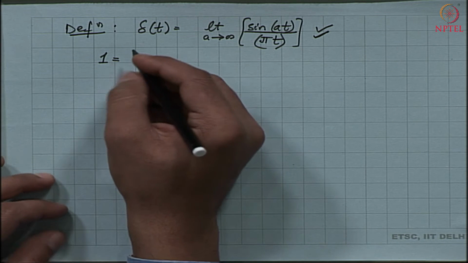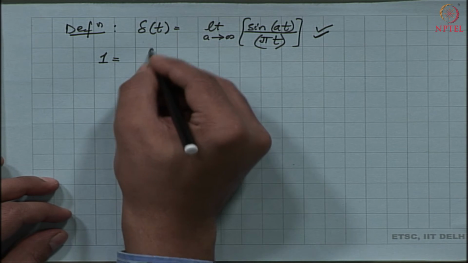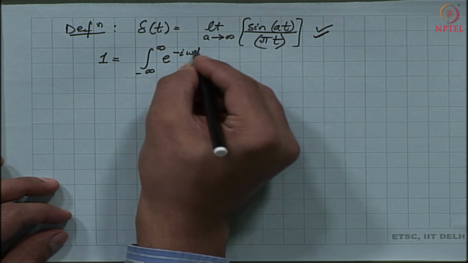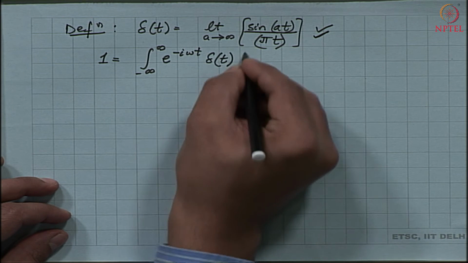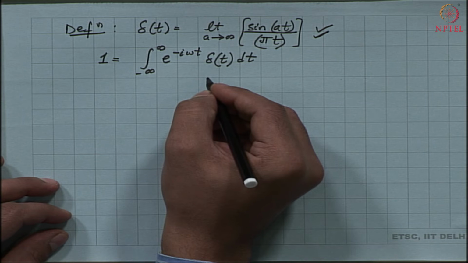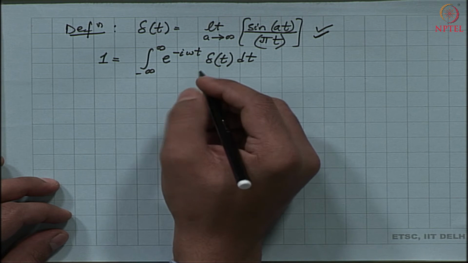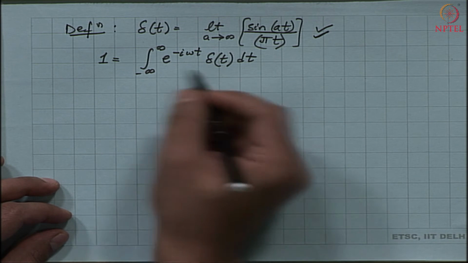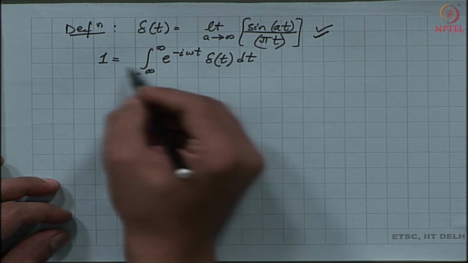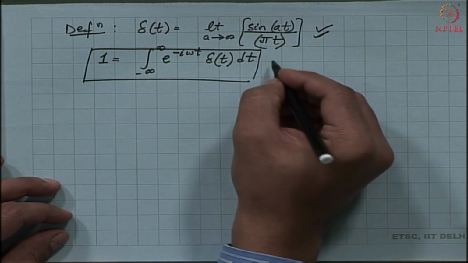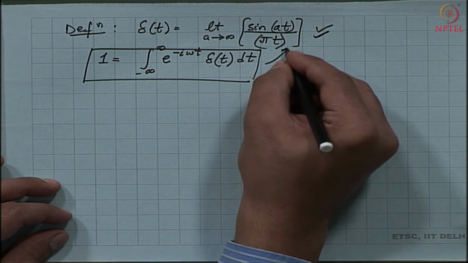Then I have 1 is given by the integral from minus infinity to infinity of e to the power I omega t delta of t dt. And so, we have the following result, which brings us to this definition as well.